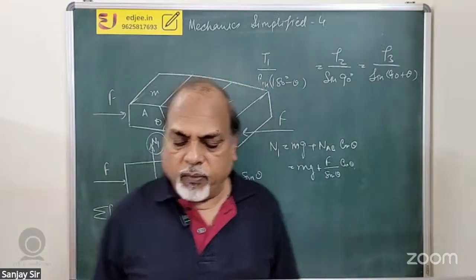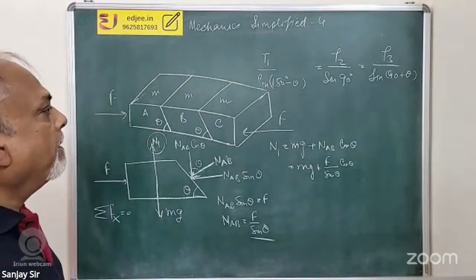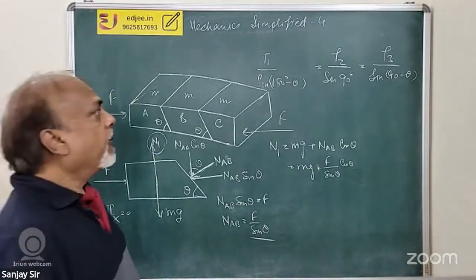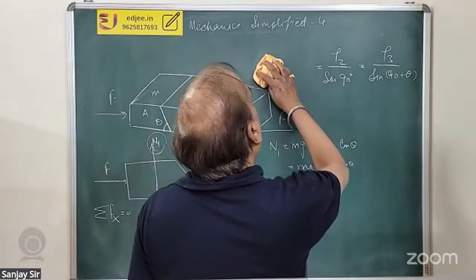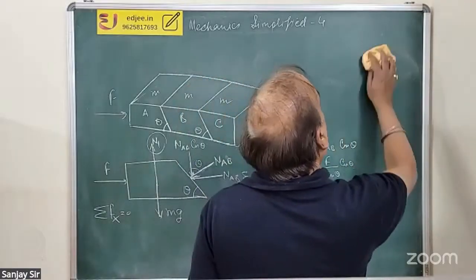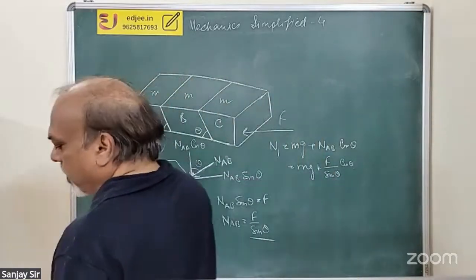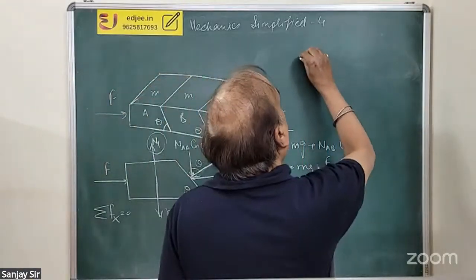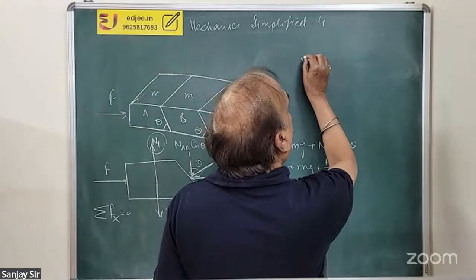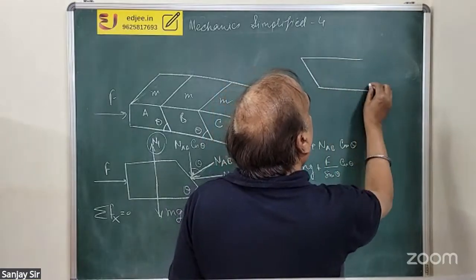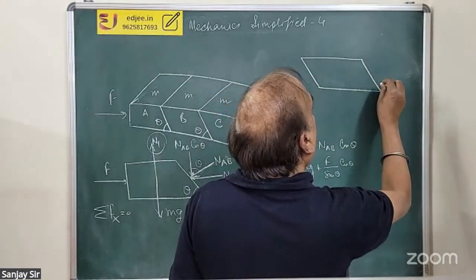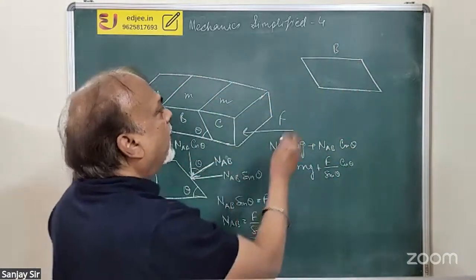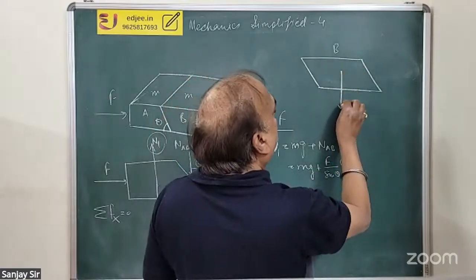Suppose we take the free body diagram of B, then the free body diagram will come like this. This is your B. Here again, one mg.